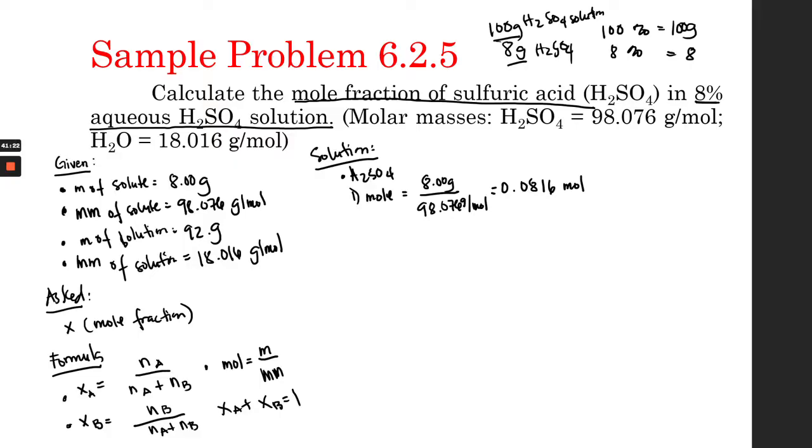After getting that, we have to get the moles for H2O, and we have 92 grams of H2O divided by 18.016 grams per mole, which is the molecular mass of water, and that will give us 5.1066 moles.